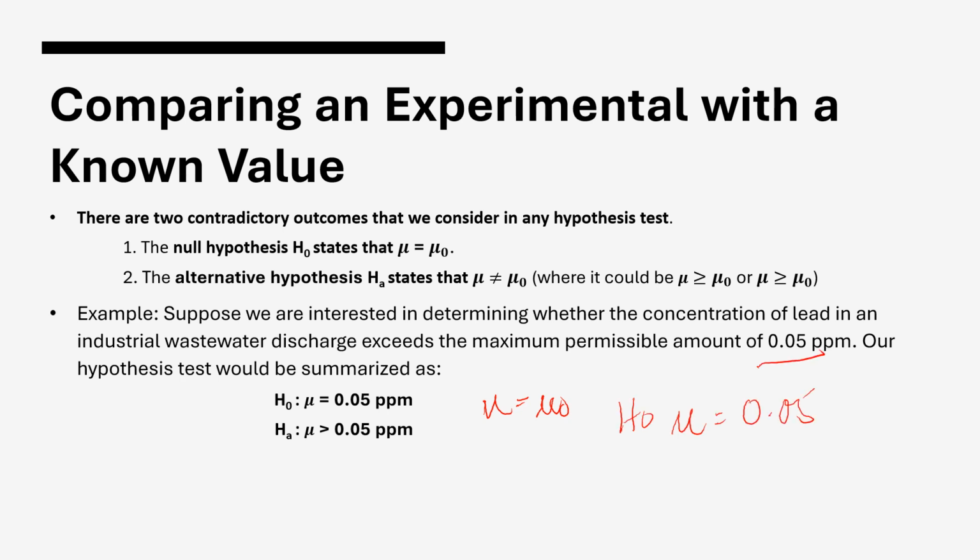That is your null hypothesis. Since you expect that the discharge of lead in your wastewater exceeds the limit, your experimental population mean could be greater than that of the known population, or ppm. So that is your alternative hypothesis from the problem.